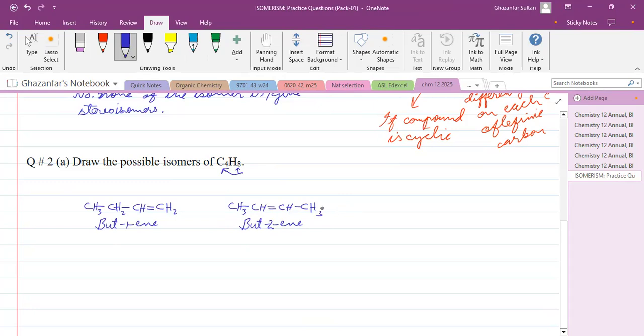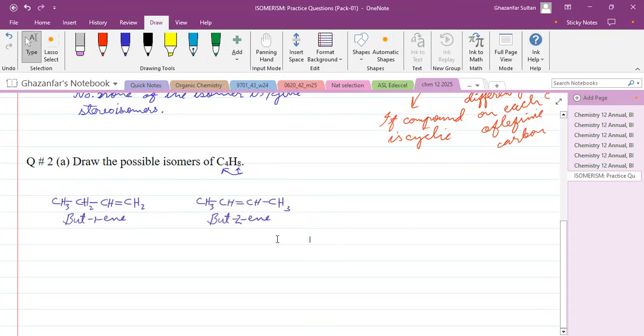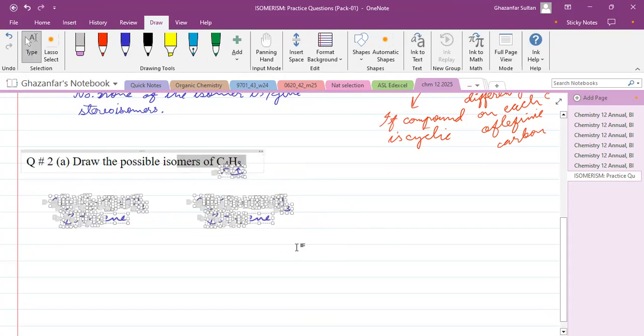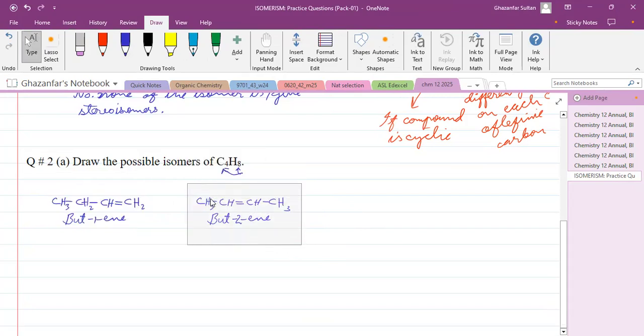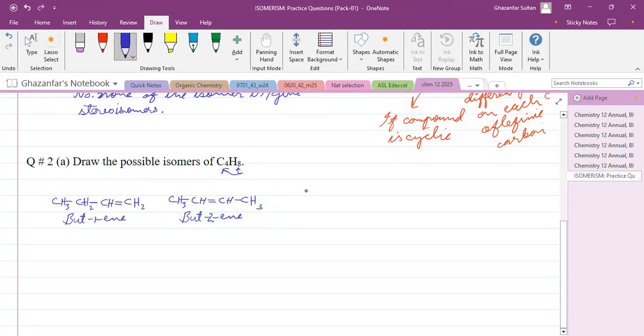And another possibility that we can draw here is a cyclic compound. See, if we draw the cyclic compound, every carbon atom has two valencies free. So this is CH2, CH2, CH2, CH2.